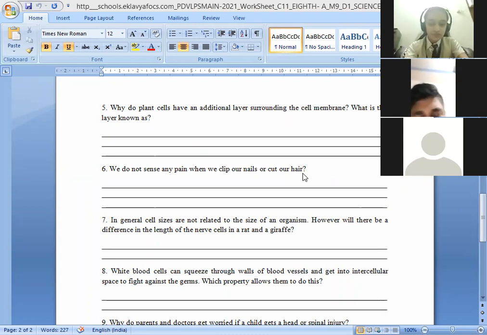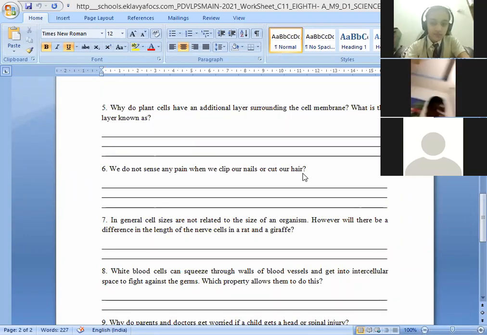Dead skin is there, and when we cut hair, those are dead cells too. Yes, they are made up of dead cells, that's why we do not feel any pain. So when we trim our hair or our nails, we don't feel any pain.